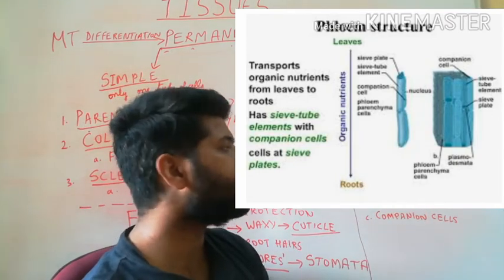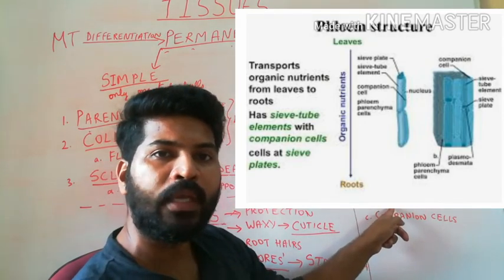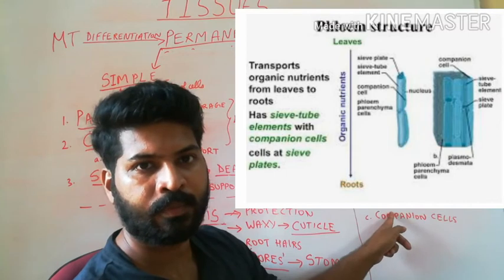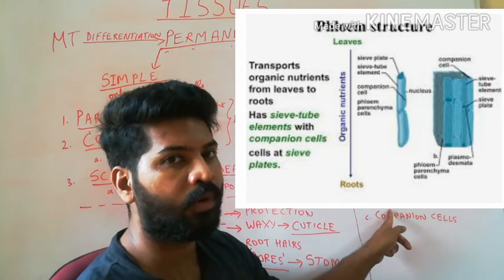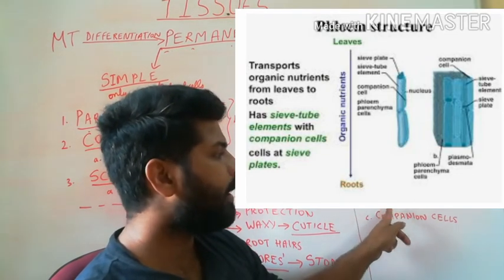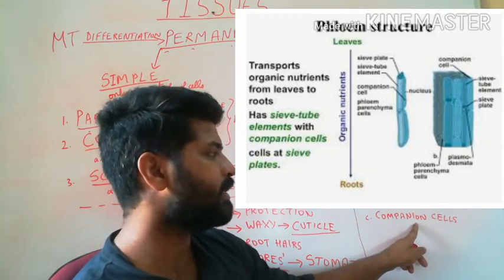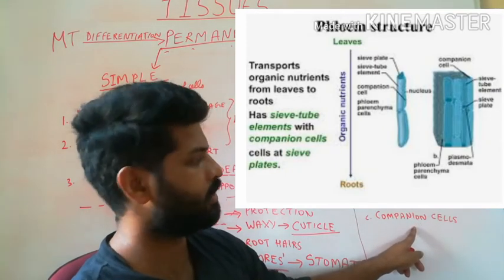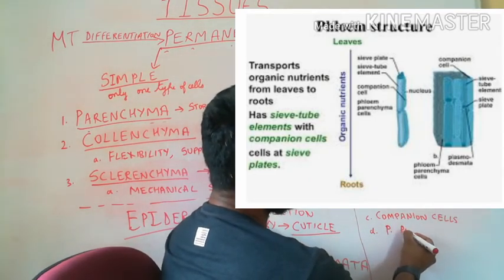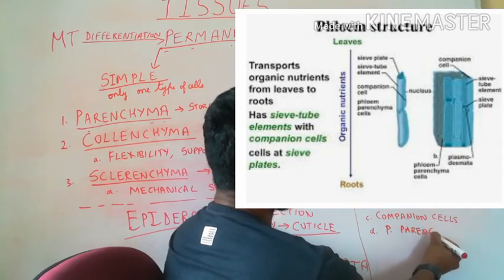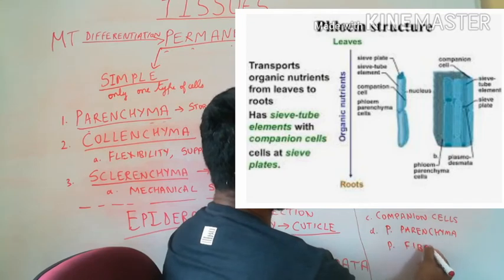As you can see in the diagram, the sieve tubes are hollow, elongated cells. They do not contain nucleus. Nucleus is absent, very important. Besides the sieve tube, we can find rectangular cells called companion cells. Other than this, we also find phloem parenchyma and phloem fibers.